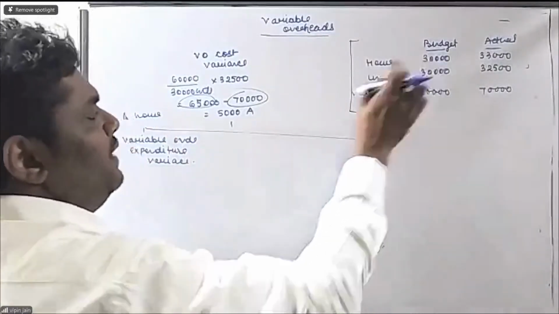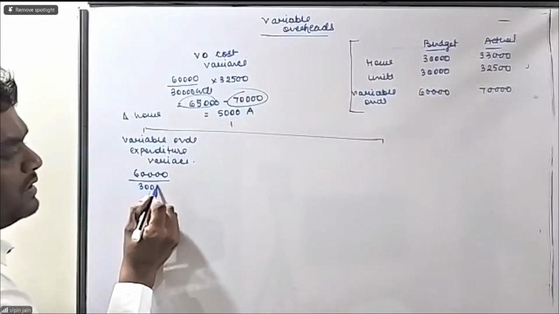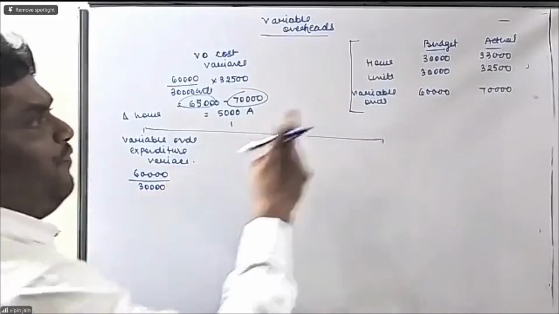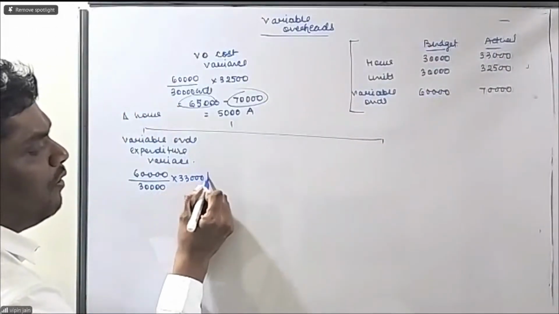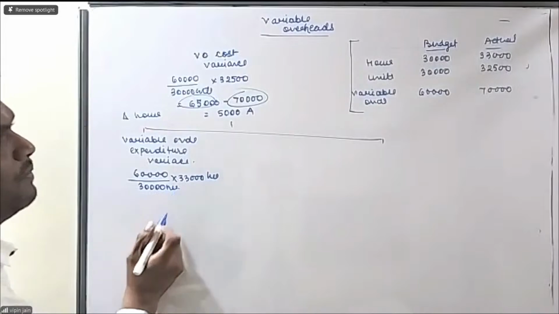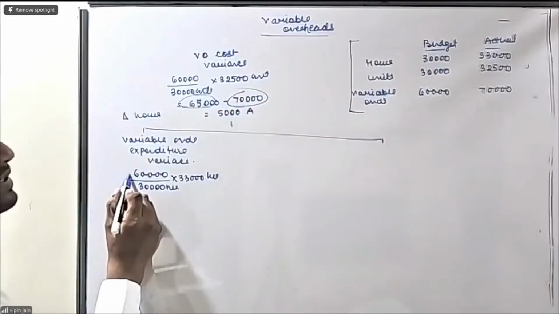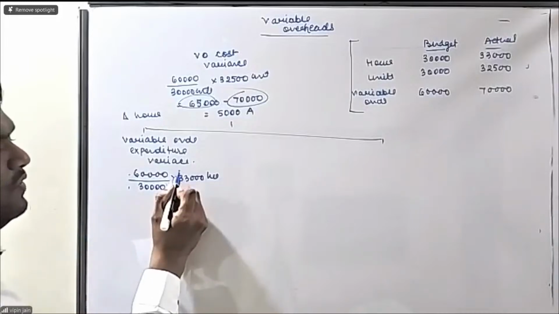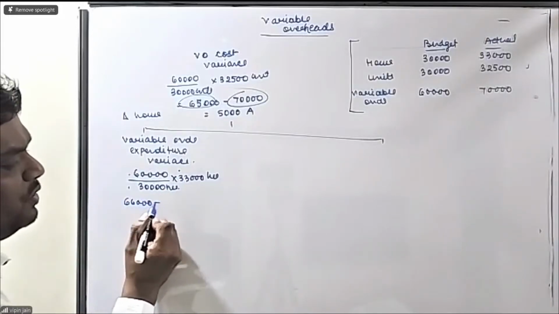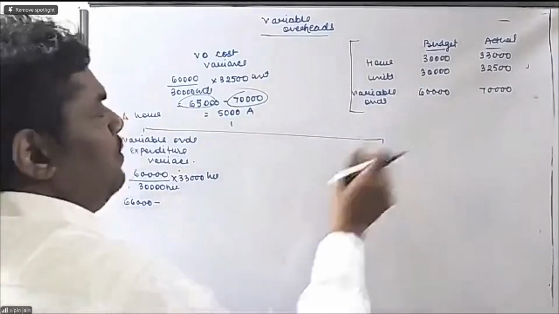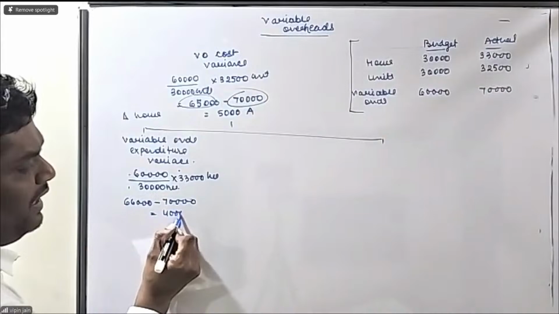So 60,000 overheads for how many hours? 30,000 hours. So for 33,000 hours, how much should my overheads be? 66,000 should be my overhead. And my actual overheads are 70,000. So this is 4,000 adverse.